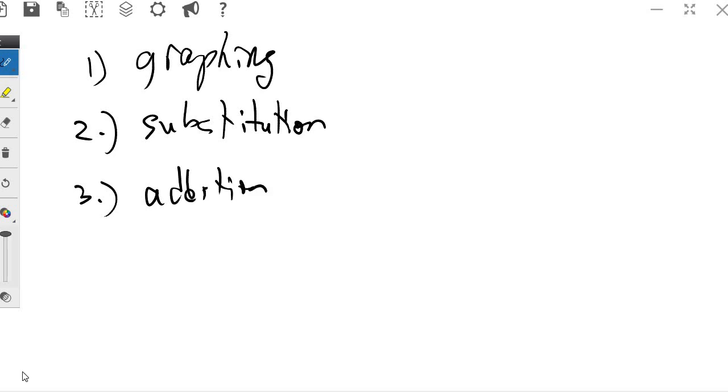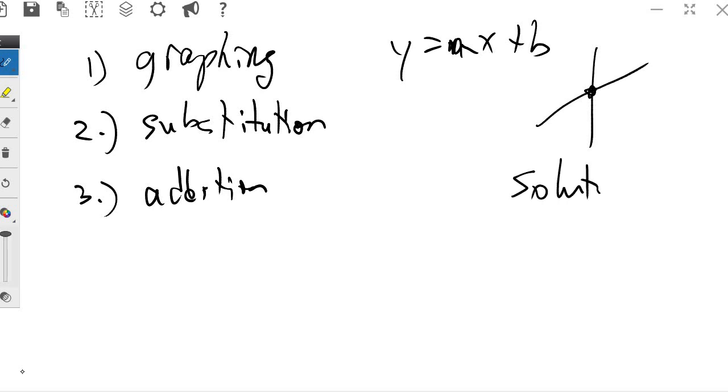So when you have two equations in the form of y equals mx plus b, you can graph those, and the point of intersection is the solution. That's one way to find the solution. Another way is using substitution.